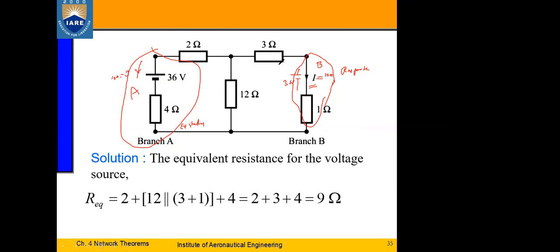Are you able to understand? Reciprocity theorem says that even if I interchange the excitation and the response, the ratio remains the same. Let me give the definition once again.